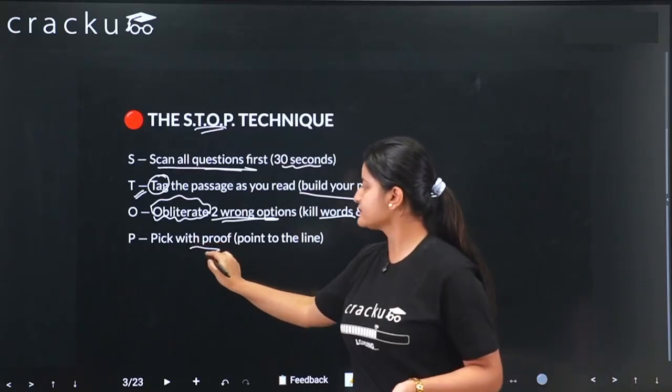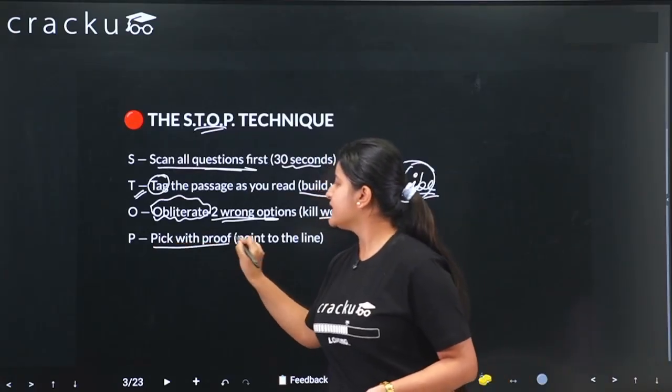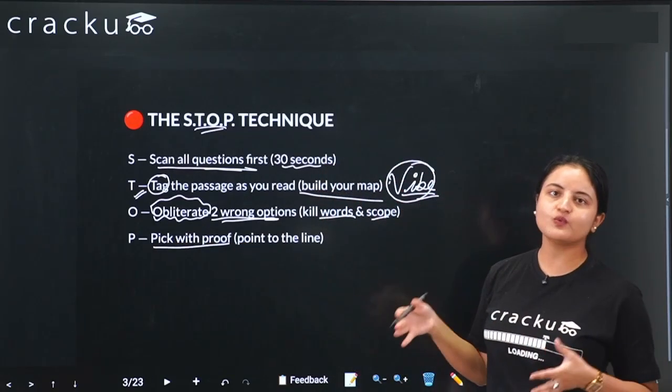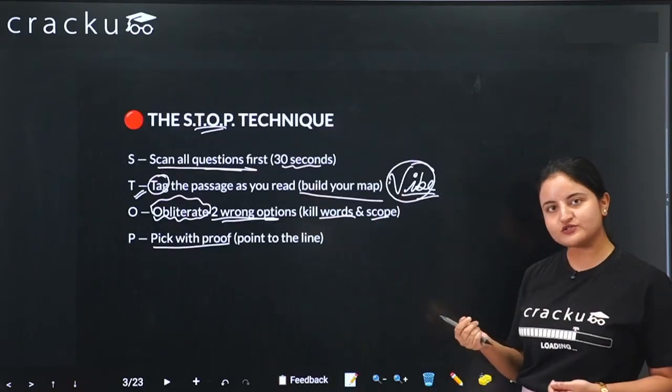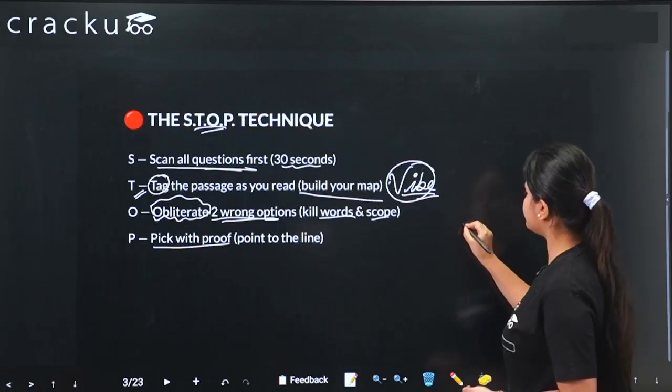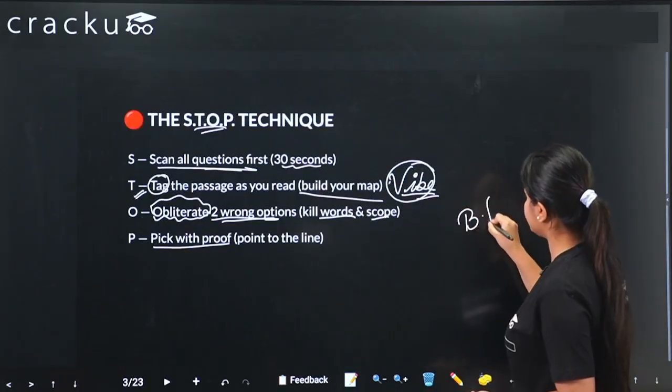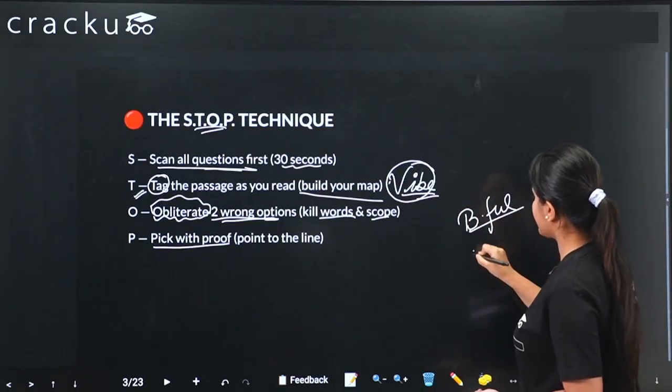Then P. Now this is very important. P refers to pick with proof. Now, what does it mean? In IPMAT, there is a pattern to questions, and it is a very beautiful thing.